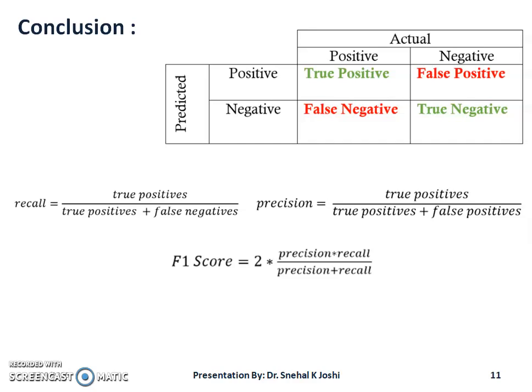However, it is not possible to maximize both of these metrics at the same time, as one comes at the cost of the other. We have the F1 score available over here, and it is the harmonic mean of precision and recall. For problems where both precision and recall are important, we can opt for a model which maximizes the F1 score.